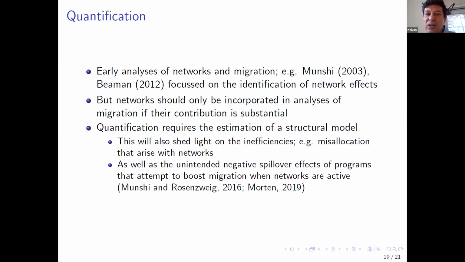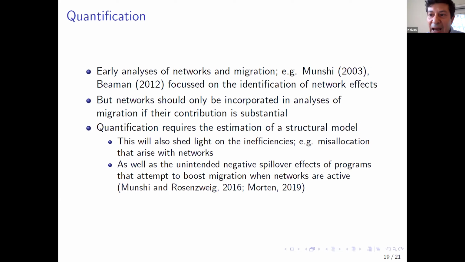The first thing I want to emphasize is that, yes, it's important to estimate network effects. And you need to establish that, in fact, these networks really do exist, and they actually do play a role in the economy. But incorporating them in models of migration only makes sense if they make a first-order contribution to outcomes and to migration decisions.